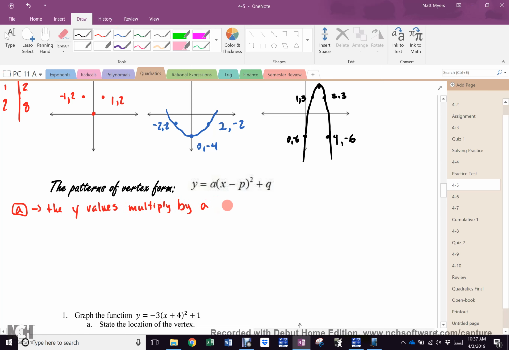In a normal parabola, it's 1 over 1 up, 2 over 4 up, 3 over 9 up. As soon as you see an A, it's 1A, 4A, 9A. If it's a negative A, it's not going to go up 9 times A, it's going to go down 9 times A. Everybody good?